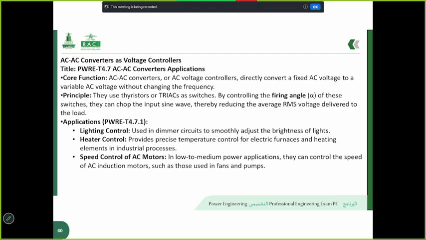So they are also used for heater control in industrial settings to provide precise temperature regulation for processes like electric furnaces and ovens. For low to medium power motors, AC voltage controllers can be used for motor speed control by changing the voltage supplied to the motor, making them suitable for applications like fans and pumps.